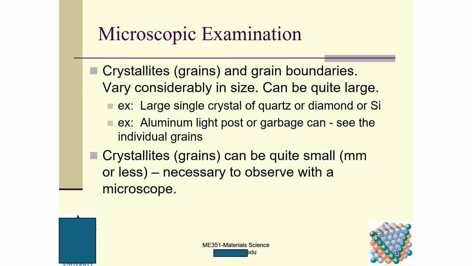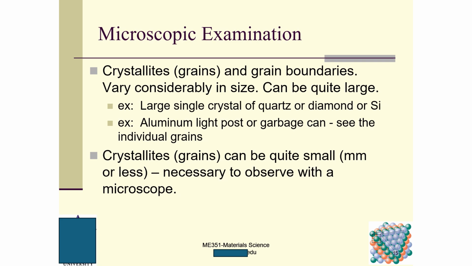And then we talk about microscopic examination. Crystallized grains and these grain boundaries vary considerably in size. Be very careful, okay? They can be quite large, for example, a large single crystal of quartz or diamond or silicon.